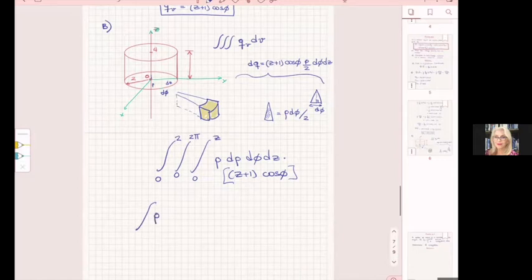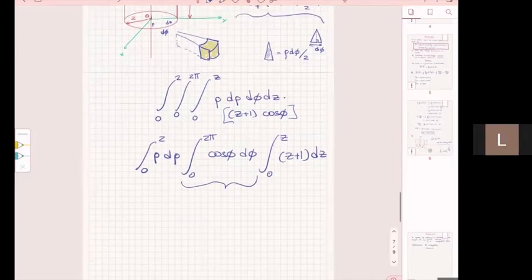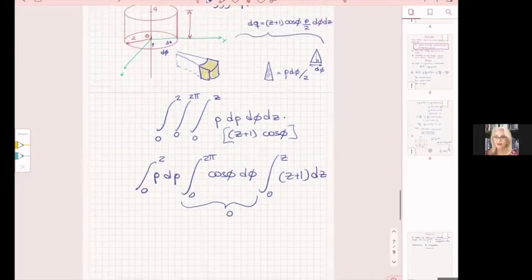So it goes rho d rho, 0 to 2. It goes 0 to 2 pi cosine phi d phi. And then from 0 to z, z plus 1 dz. How much is this one? Oh, that is 0. See, it comes out to be the same. And why is it 0?